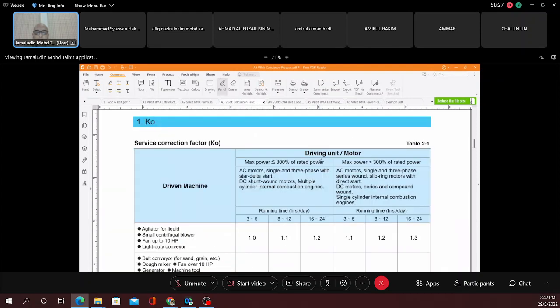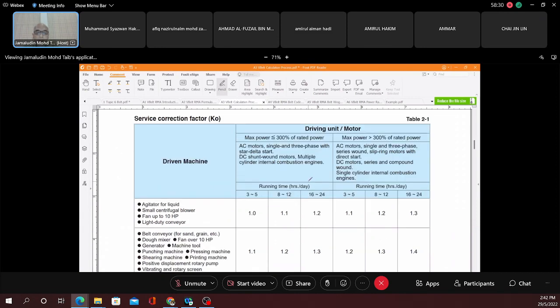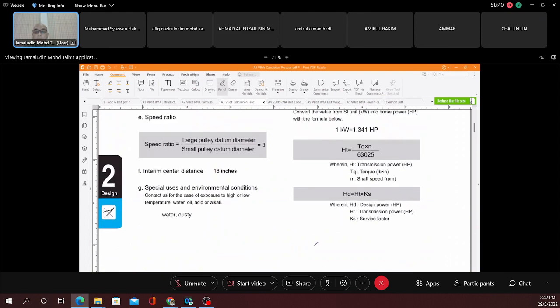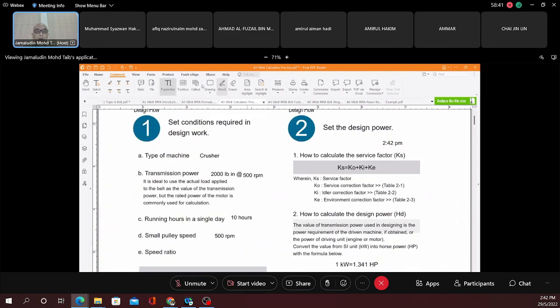And the work hours are going to be 10 hours, within 8 to 12. That means K0 is equal to 1.3. Right? 1.3.